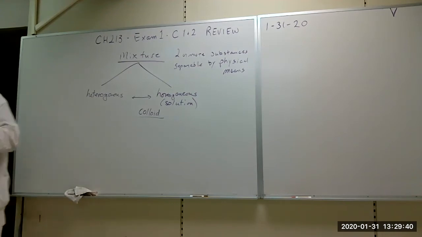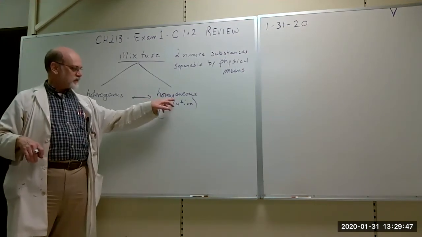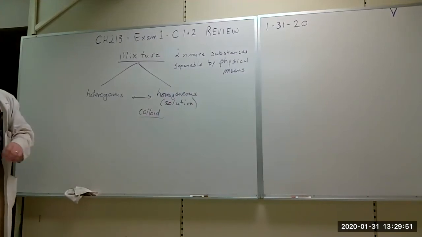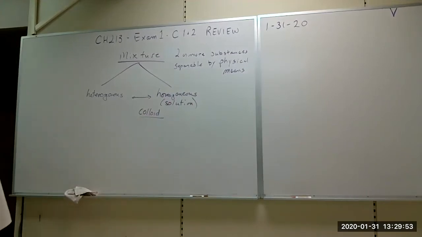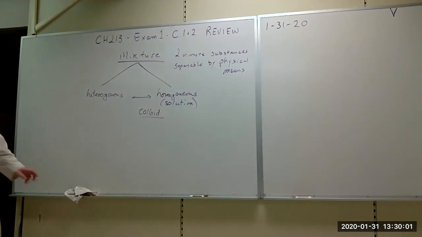Good example, Jello. Jello is a colloid. It's not a solution. Actually, some parts of Jello are solution. Some parts are heterogeneous mixtures. So let's not flog that horse today.